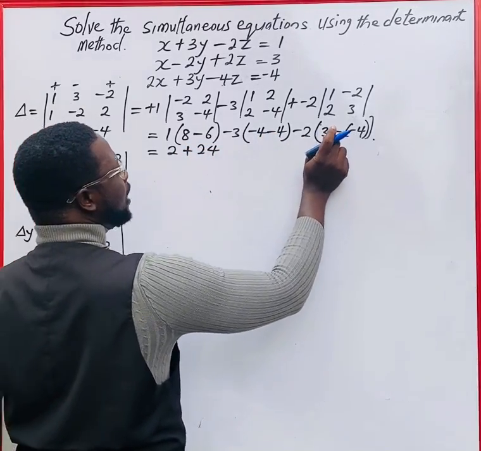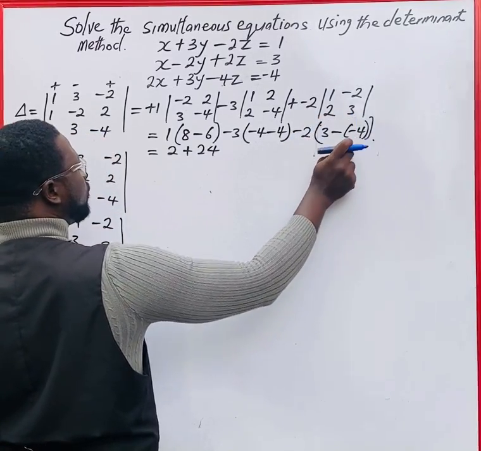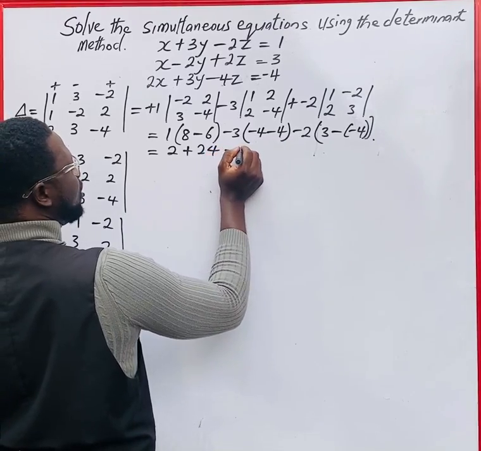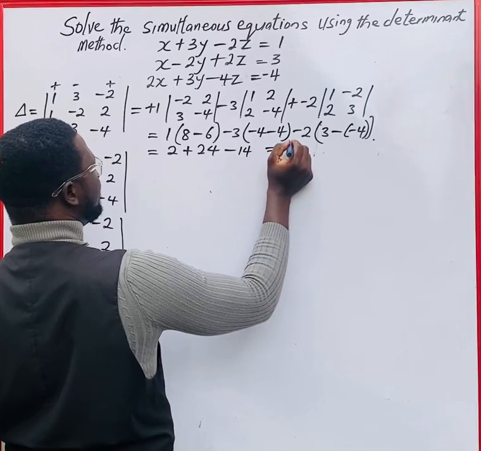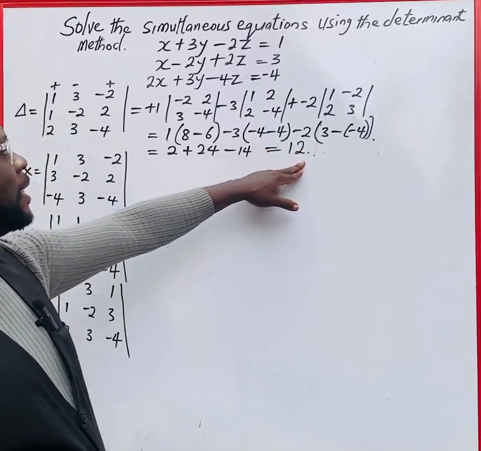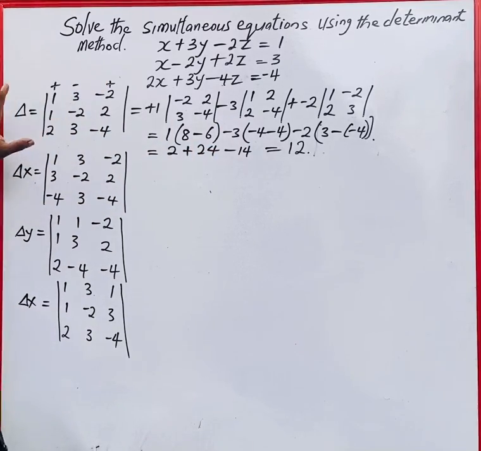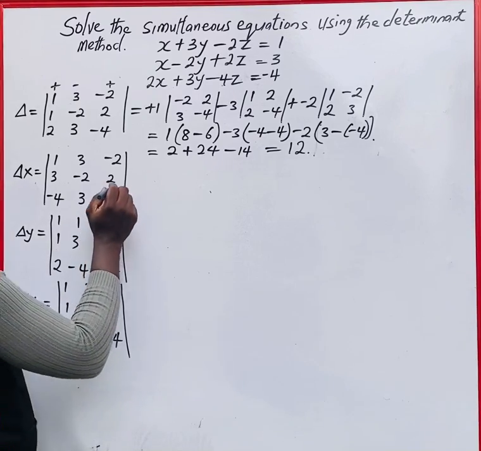Here minus minus is plus. 3 plus 4, 7, times this one will give us minus 14. So the total will be 12. So the first determinant is 12, from this formation here. We've gotten 12, so we'll go for the next one.